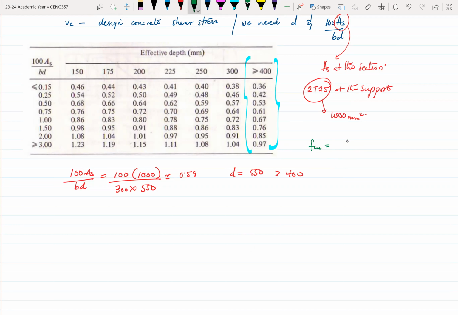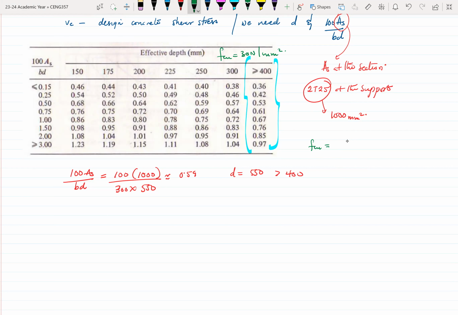There are variations of this table, and this one is based on an FCU of 30 newtons per millimeter squared. The one we did for the previous calculations had an FCU of 25, so the table was slightly different. There's a way to quickly find VC even if you have a different compressive strength.